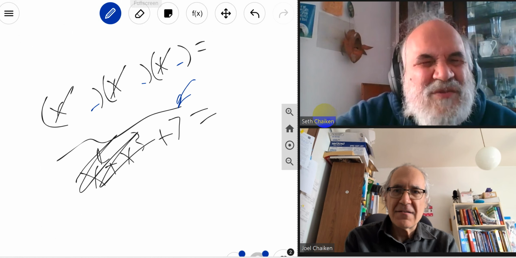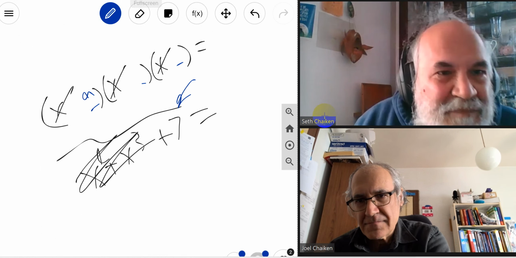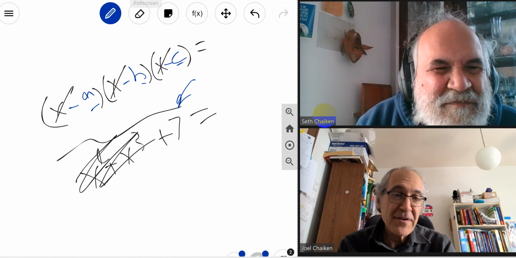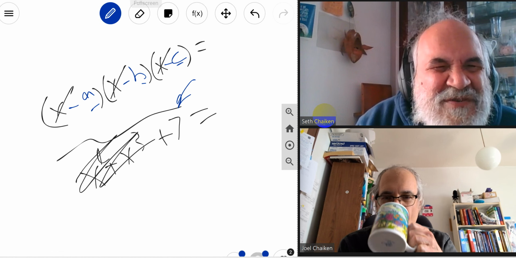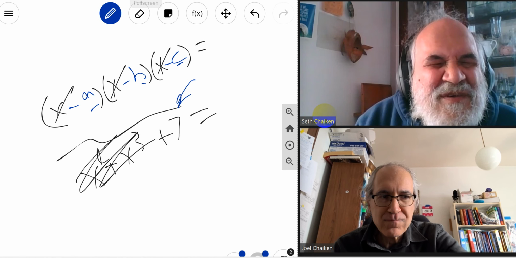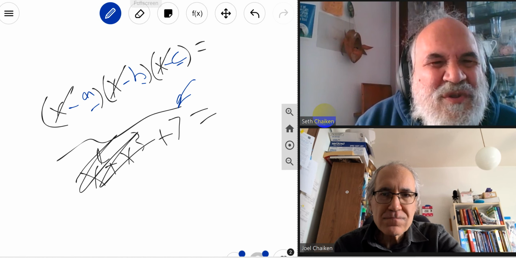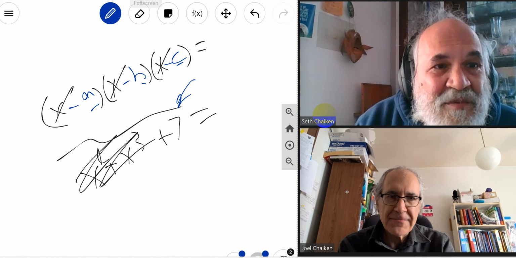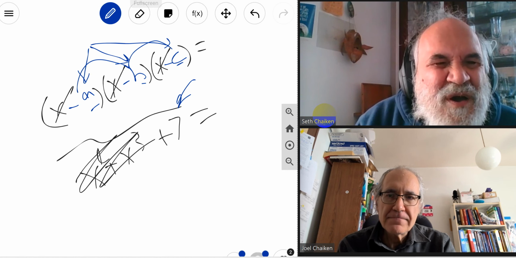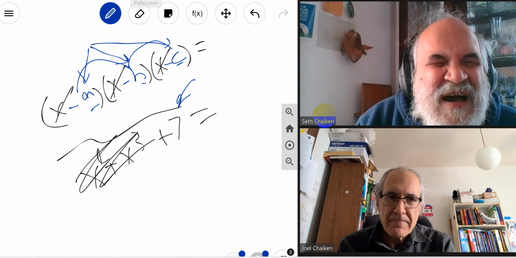Well, the way I like to think about it is that when it's factored, it looks like this. And then you get the constant coefficient. When you expand this out, you get the constant coefficient in only one way, and that is to multiply minus a by minus b and minus c, where you multiply through, touching only the constants.